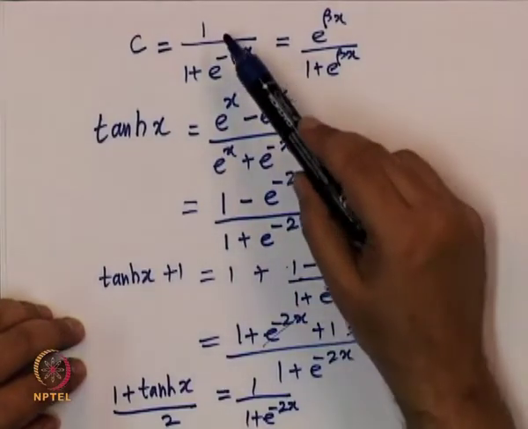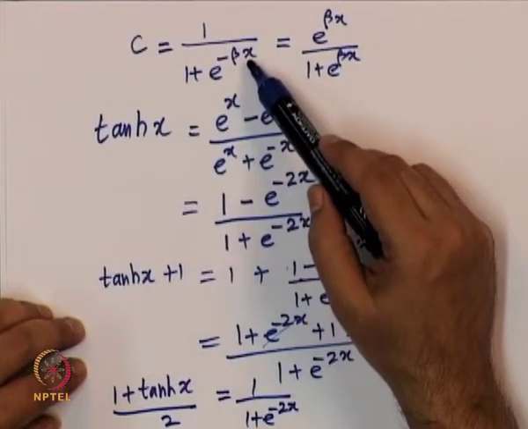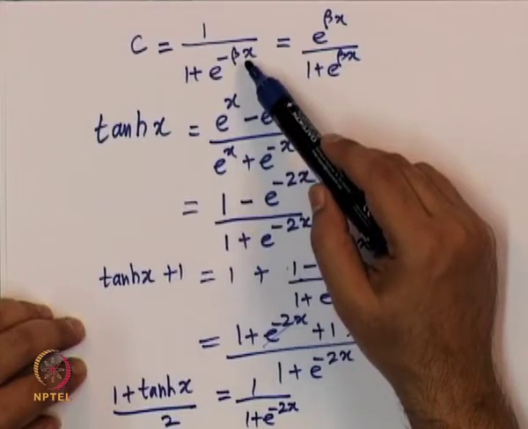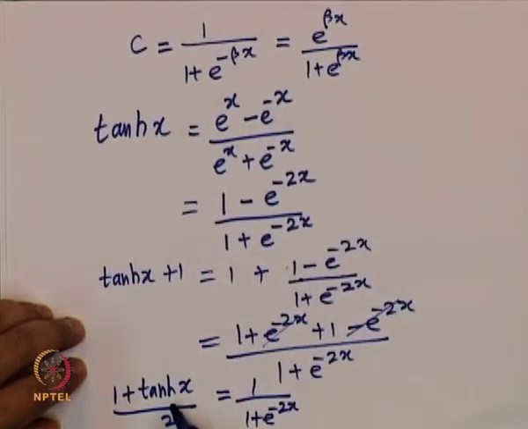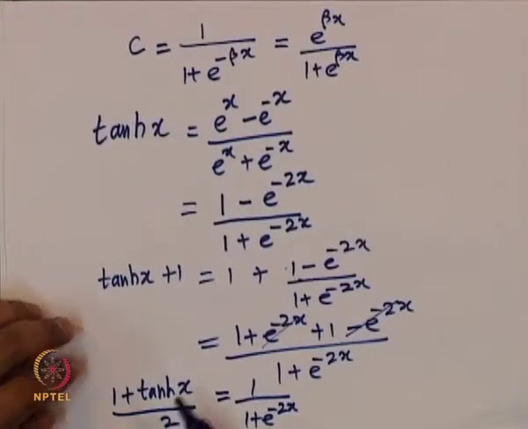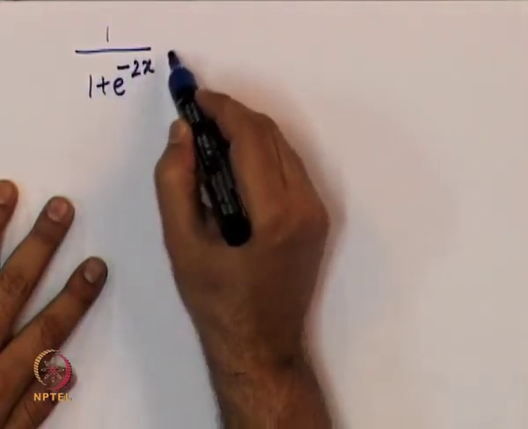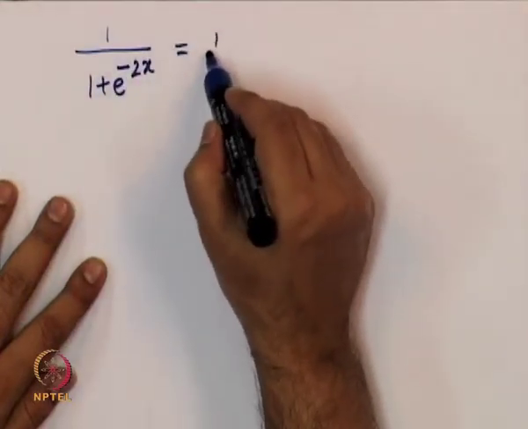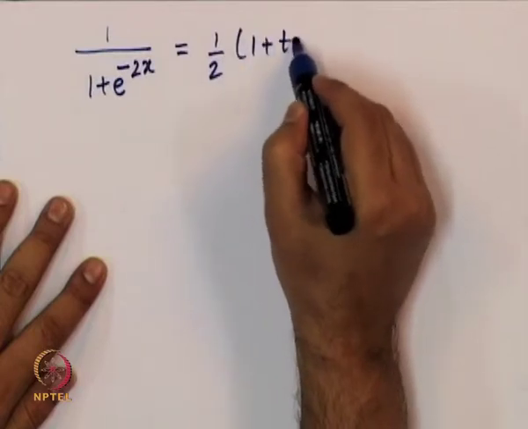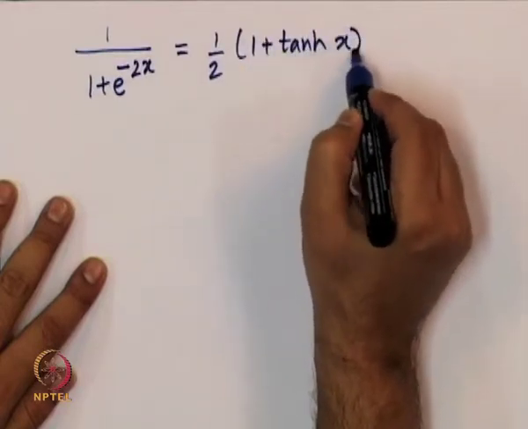So, we have this 1 by 1 plus e power minus beta x. It can also be written in terms of tan hyperbolic. If you do that translation, what do we get? Let us write it again. 1 by 1 plus e power minus 2x is nothing but half into 1 plus tan hyperbolic x.